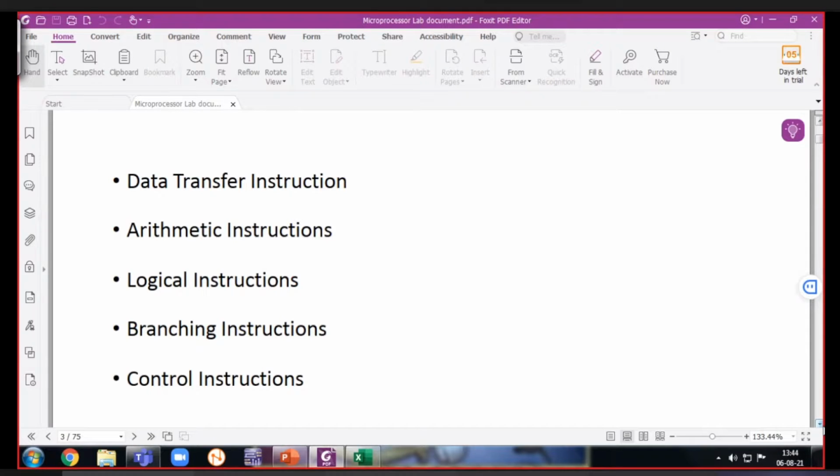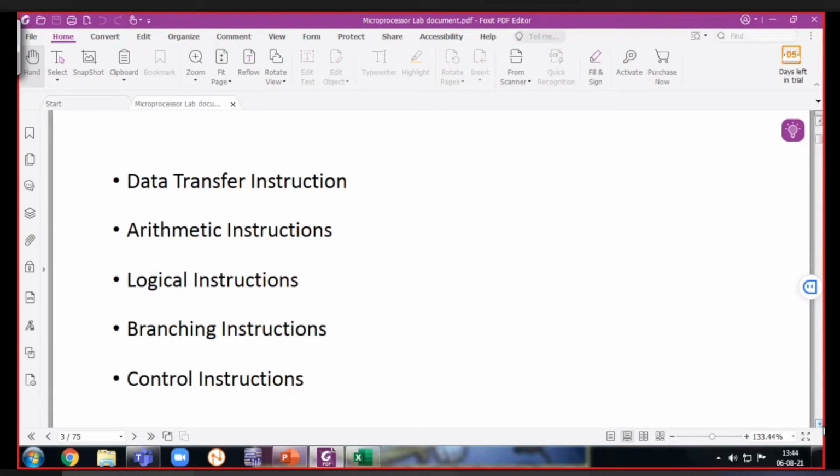Anyone of you can say what data transfer is? Like loading a number from register B to the accumulator. Okay, so data transferring from register to register, or memory to register, or register to memory comes under this.